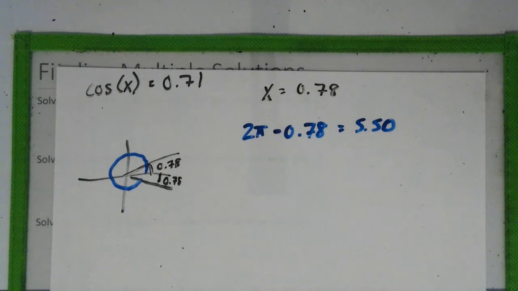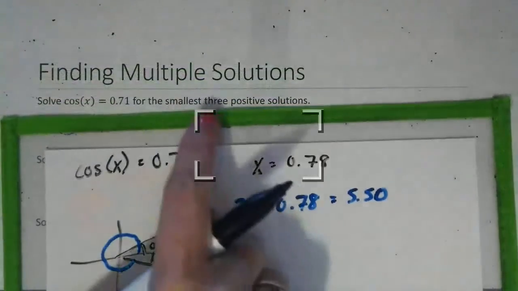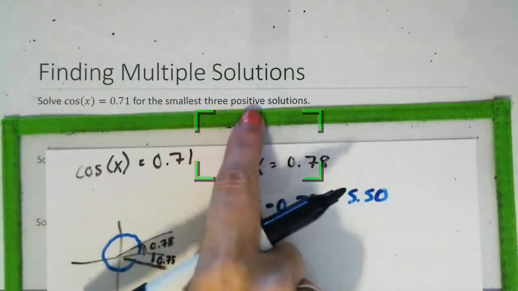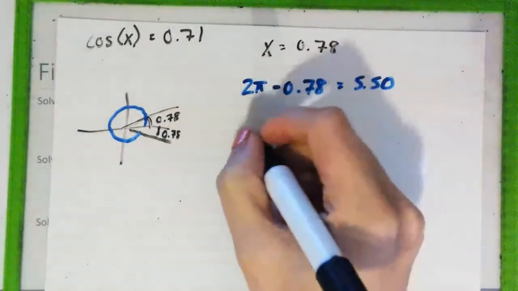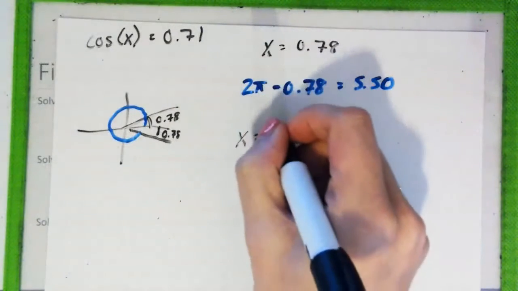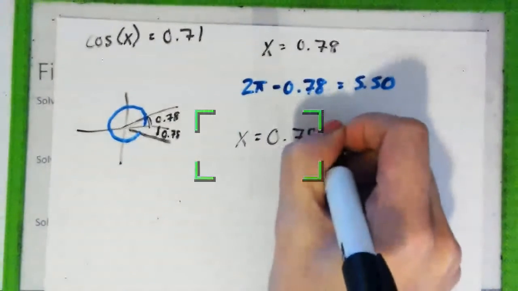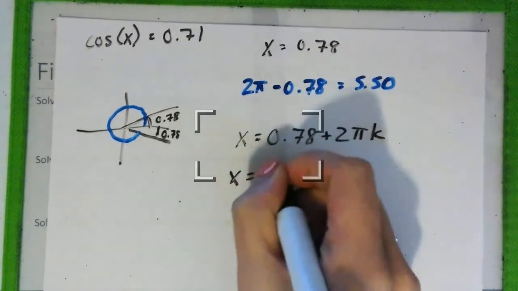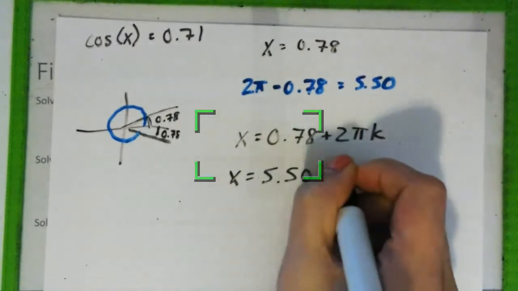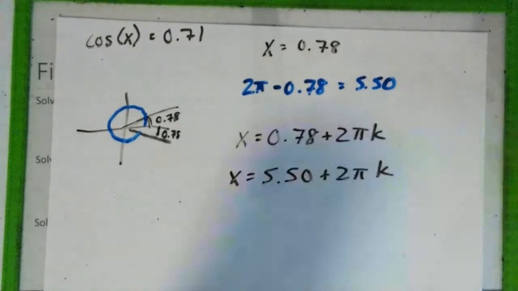So we have our two solutions between 0 and 2 pi, but it wants the smallest three positive solutions. So if we write out all the solutions, we have x could be equal to 0.78 plus 2 pi k, and we have x is equal to 5.50 plus 2 pi k.